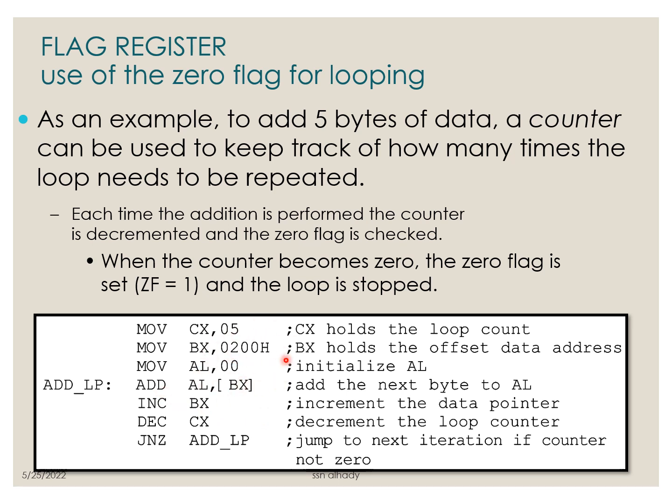BX here is the data address offset, and then AL is used to store the result of the addition. If you look at this particular instruction, jump non-zero, it will check whether CX becomes zero or not.